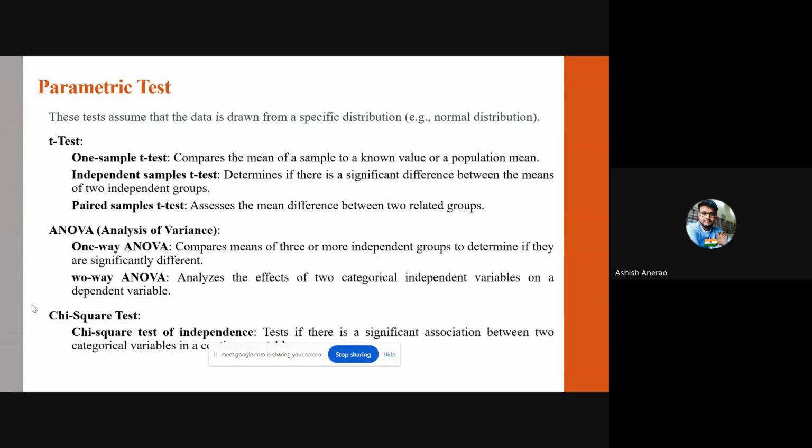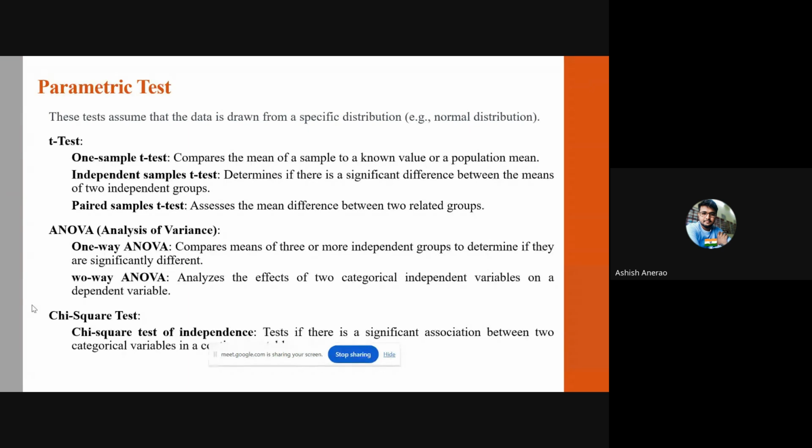Now the t-test we use for the comparison of means. I'll give one example, the previous example. The company solves complaints within 20 minutes.